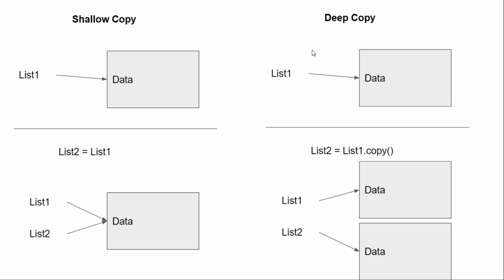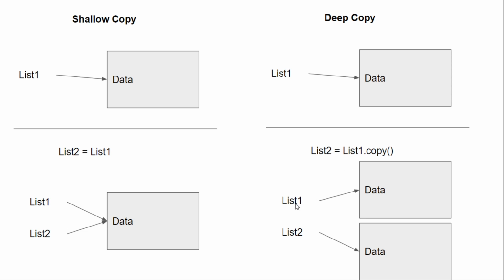The next thing is the solution for that, which is deep copy. Let's say we have a list, and we have a space in which our data is present. Now when we go for list 2 equals list 1 dot copy, we are using this dot copy function. What this will do is create a deep copy of list 1 inside list 2.